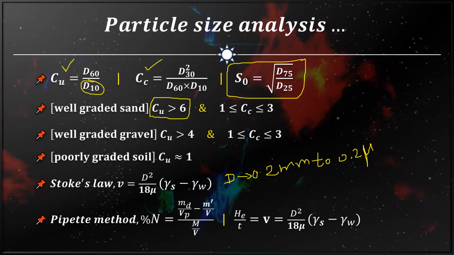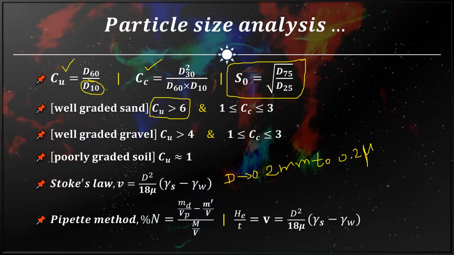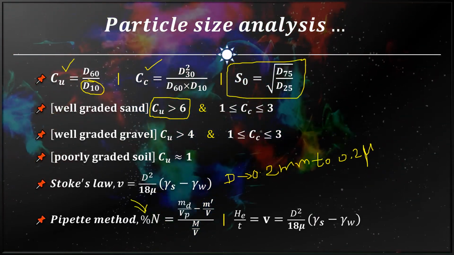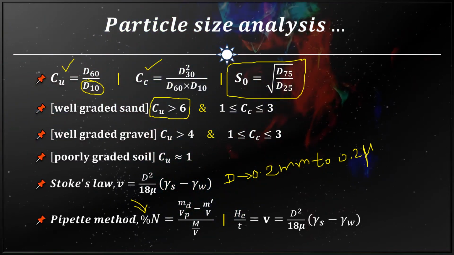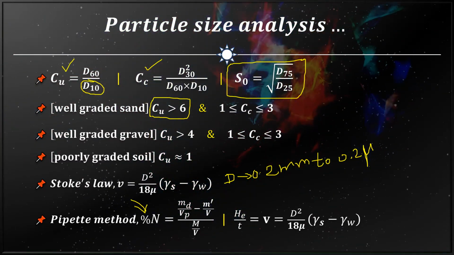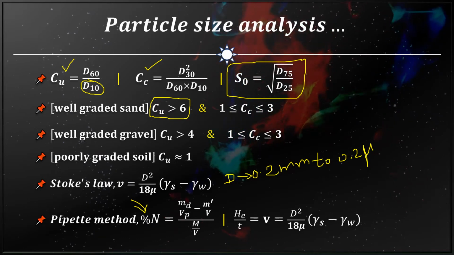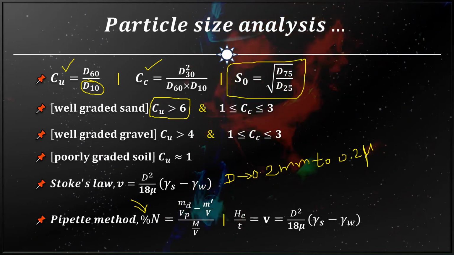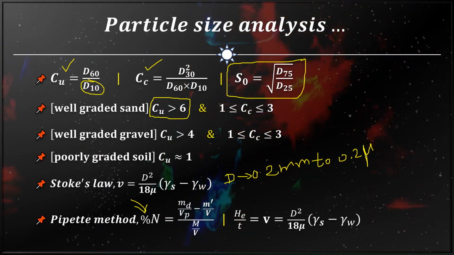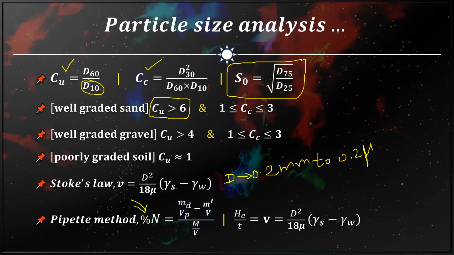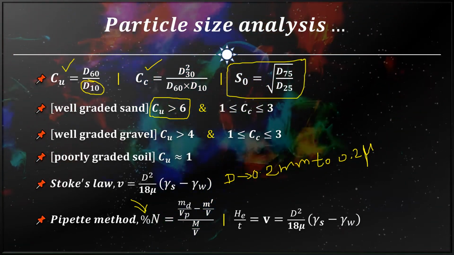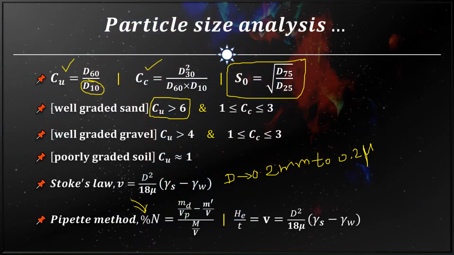And another method is the pipette method. By using the pipette method, we can find percentage finer. So percentage N is equal to Md by Vp minus M dash by V divided by M by V. Md is the mass of dried sample obtained from pipette volume of Vp. So Md is the mass of dried sample and Vp is the pipette volume.